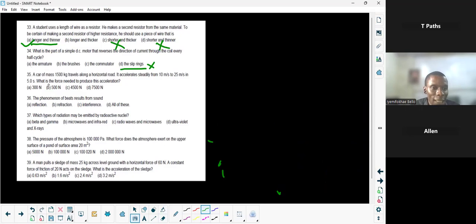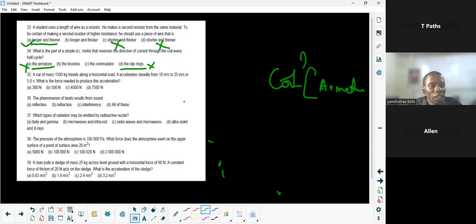Now the correct answer is between A, B, and C. Armature is wrong. Why? Armature is the coil itself. The coil itself is called the armature. The brush is like a cylinder stop that is connected to the armature. But that does not reverse the direction of the current.